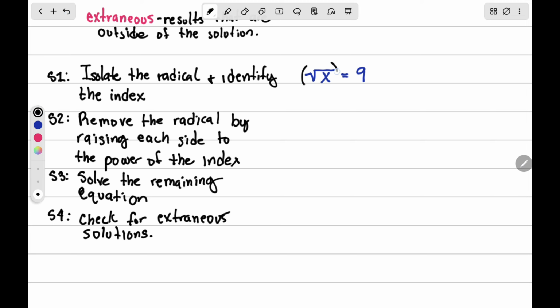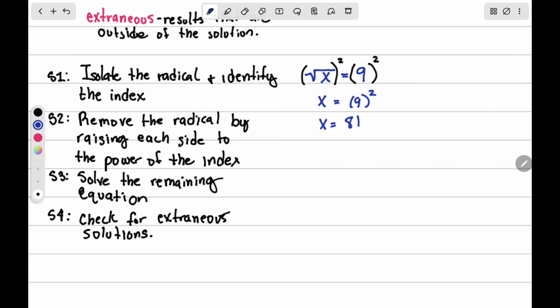By raising both sides to the power of the index, that makes the radical cancel out. Now we're left with x is equal to 9 to the second power. You better not say 18. All right. We're saying the answer is 81.